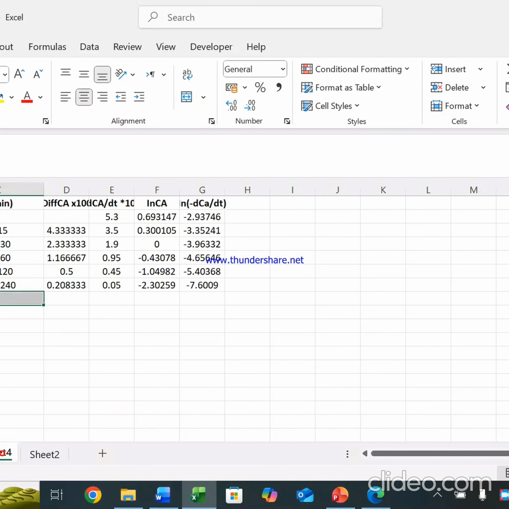So this is the differencing point, and the data I have here shows that the cutting point is the dCA/dt. These are the values. So when we multiply minus dCA/dt by 100, at time 0.0 we have 5.3.